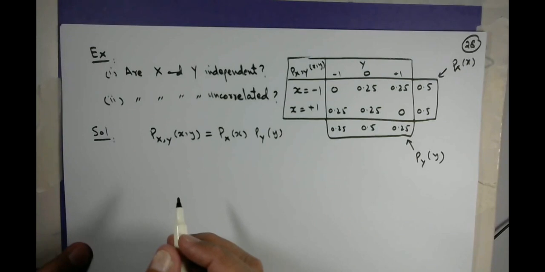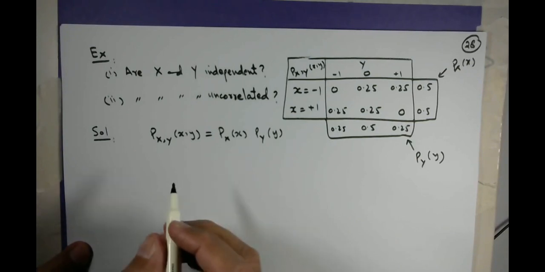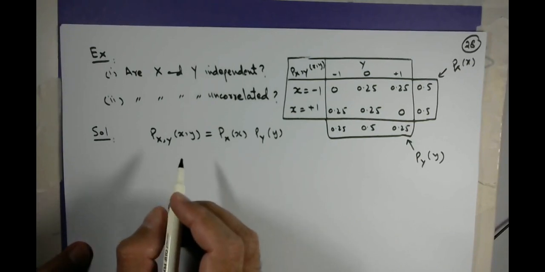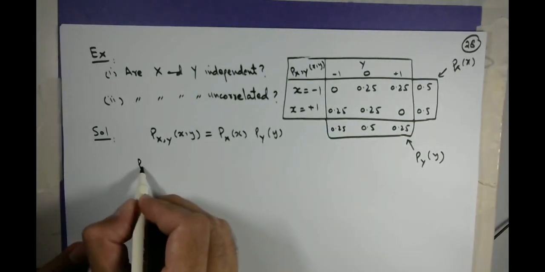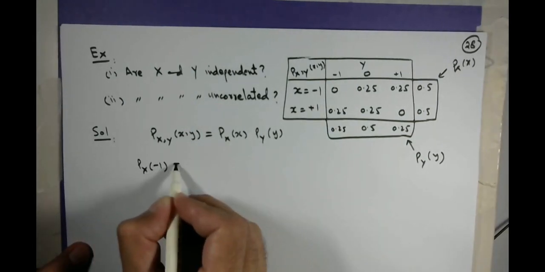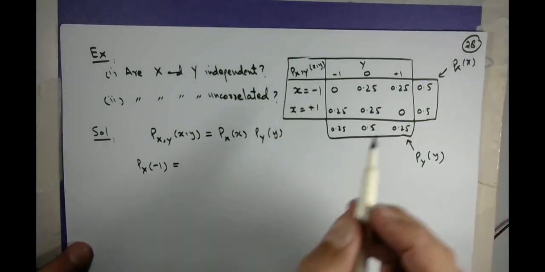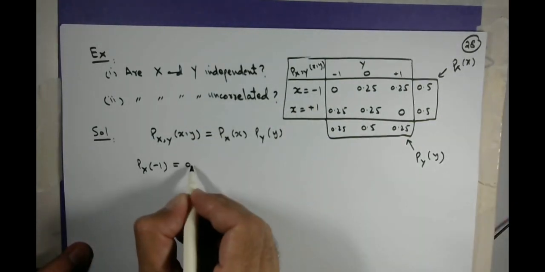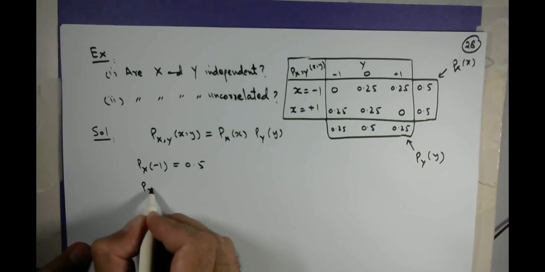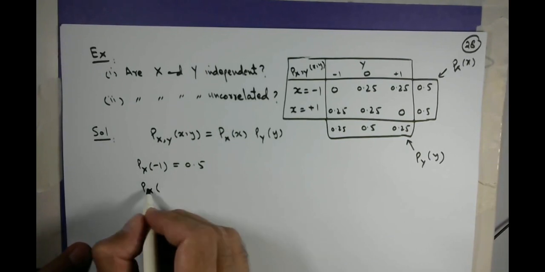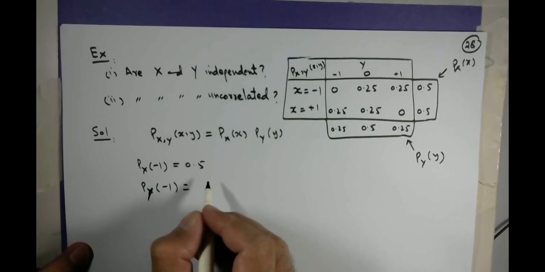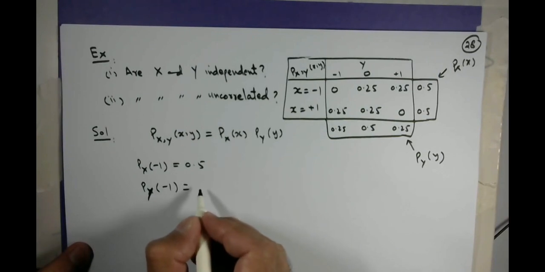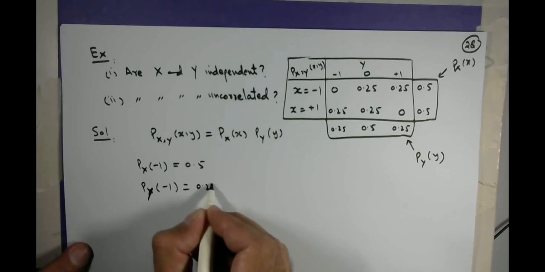So, for example, I take x is equal to -1 and y is equal to -1, the first entry. So p sub x of -1, you know, is 0.5. P sub y of -1 is 0.25.